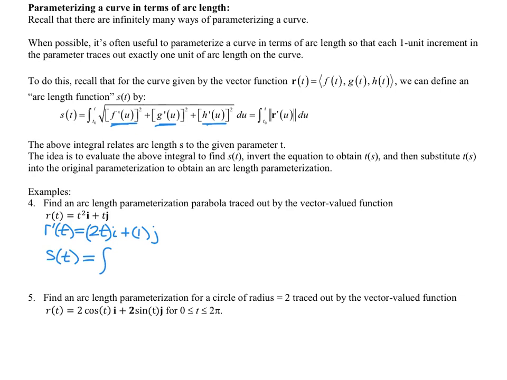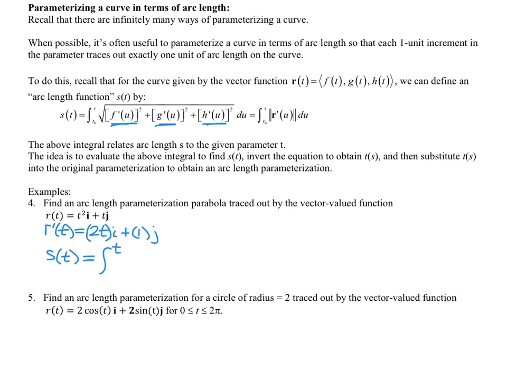So you might say, well, what do I do? t sub 0 to t. Well, we're leaving the top t completely variable, all right? Because what I want to have is an arc length function, so it allows for the arc length to be variable depending on what my value of t is.